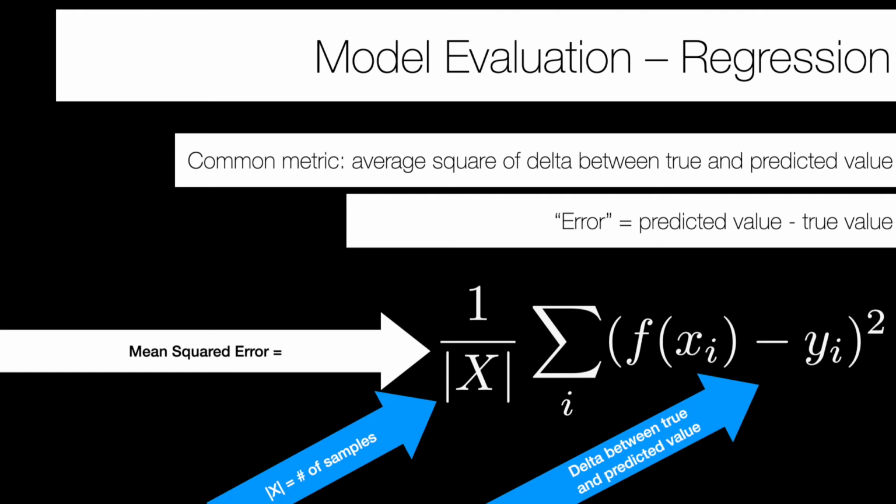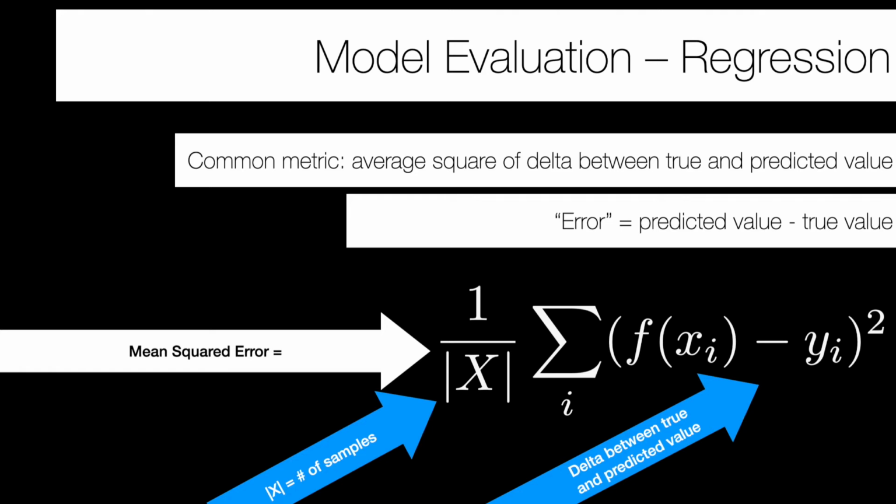We square it, and it becomes even smaller. But if the predicted value is very far away from our true value, and we square that, that number gets much larger. So we take the square of the error, sum all of that up, and divide through by the number of samples to get the average squared error between samples in our data set.